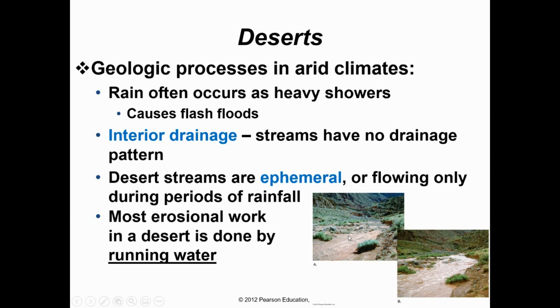Flash floods actually cause pretty dramatic erosional changes, even just with one thunderstorm event. If you get enough water, that water has a lot of power. So having said that, water is the predominant vehicle for erosion in dry climates.